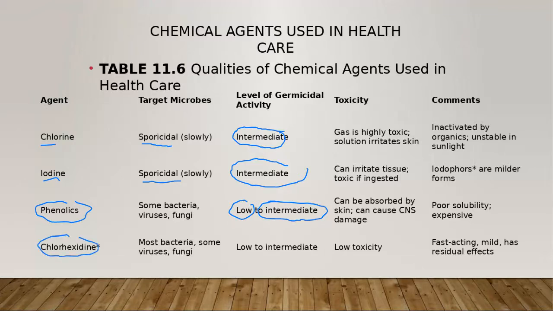Chlorhexidines are mostly used for bacteria, fungi, and viruses. Some are low, some intermediate level, and again, it depends on the dose, the concentration. They are considered to have low toxicity to our body.